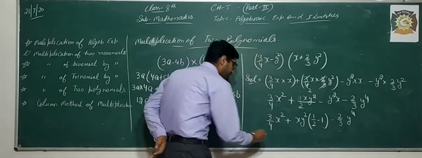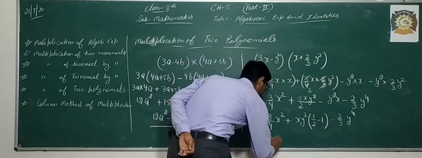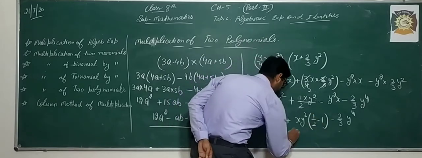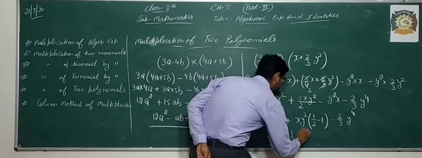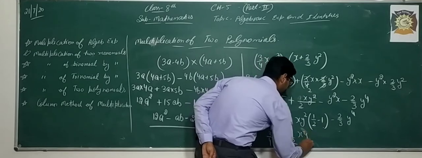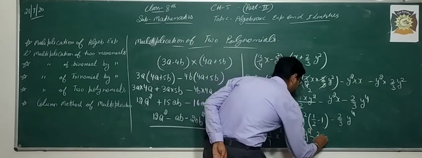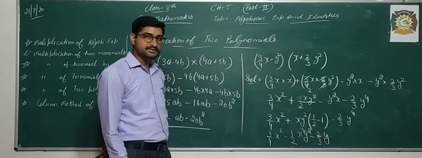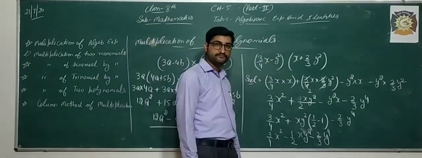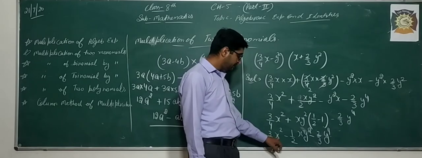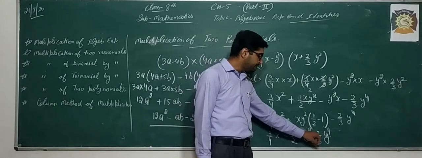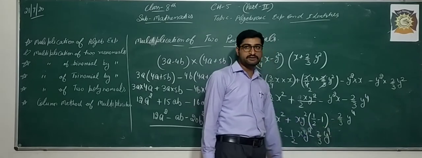When we simplify this, it will be 3 by 4 x square, 1 by 2 minus 1 is minus 1 by 2 xy square, and minus 2 by 3 y power 4. So this is the final answer of this question: 3 by 4 x power 2 minus 1 by 2 x y square and minus 2 by 3 y power 4.